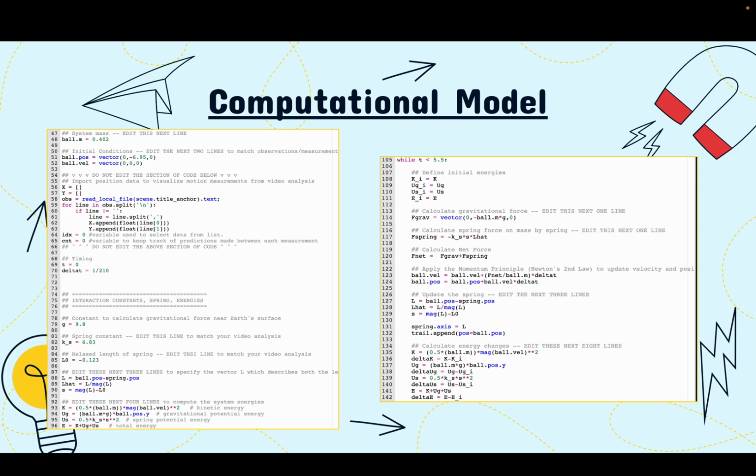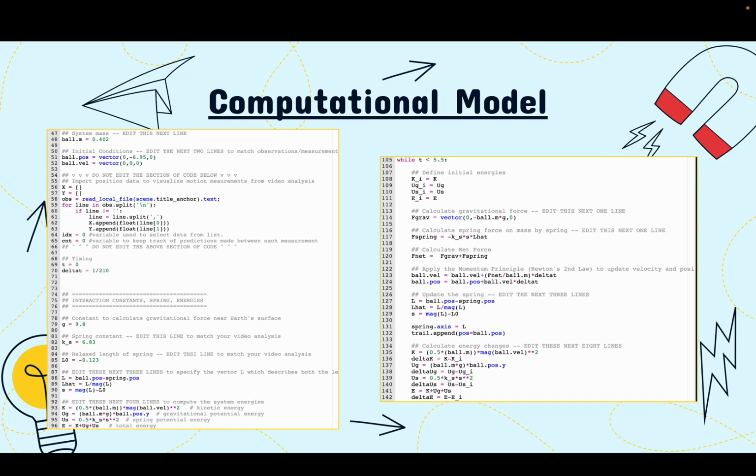The rest of the code was simply using more known formulas and using the previous data to evaluate them, including gravitational force, spring force, and net force, then using the momentum principles for position and velocity to update the spring, and finally calculate energy changes.